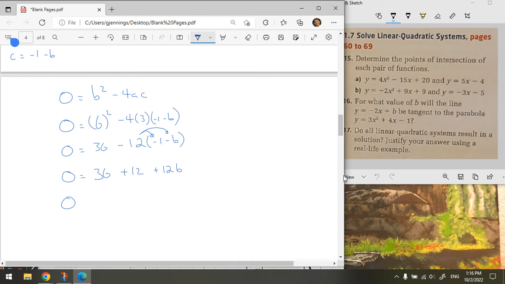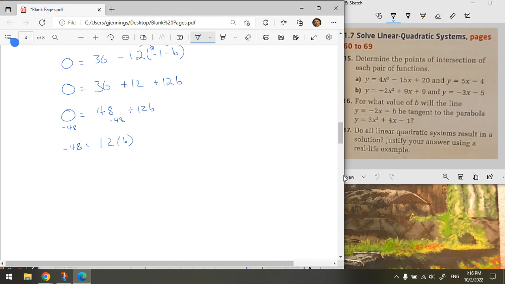Okay, 0 is equal to 48 plus 12b. Subtract 48 from both sides: negative 48 is equal to 12 multiplied by some number b. Divide both sides by 12, please. Negative 4 is equal to b. There, b is equal to negative 4.